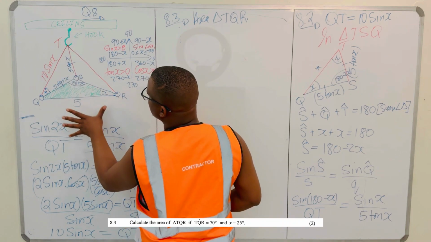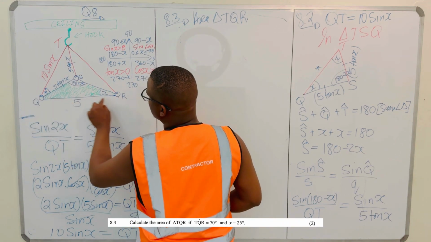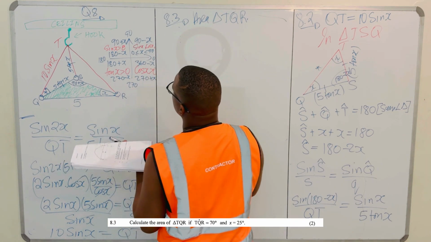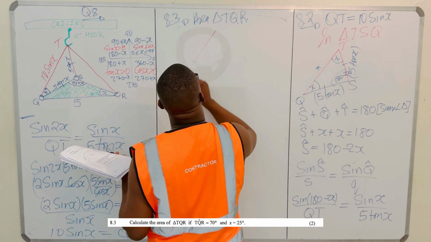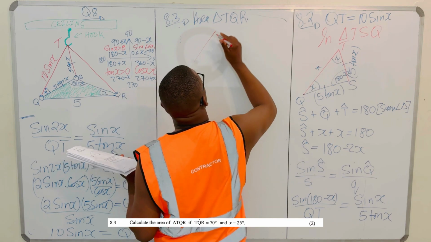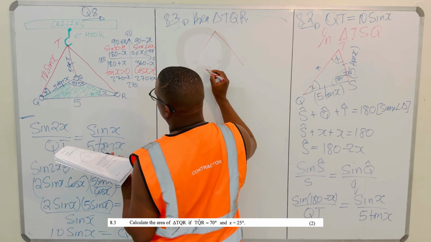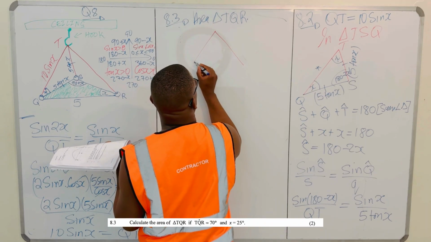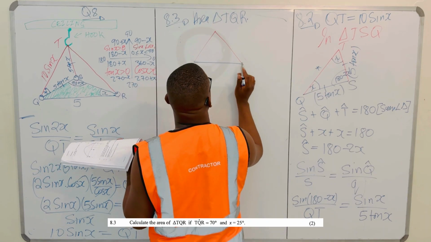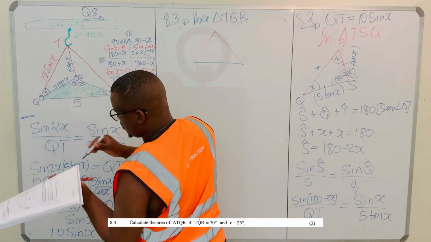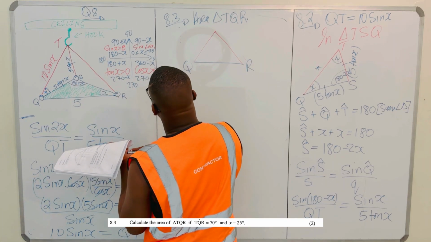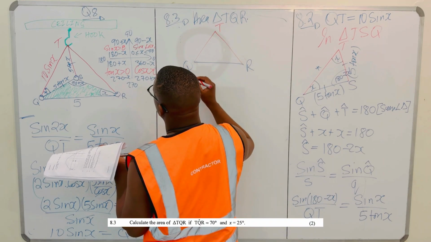TQR is the face of this triangle, the bigger triangle. So let me try to draw it. This is this big face here. So this is Q, this is R, and this is T.